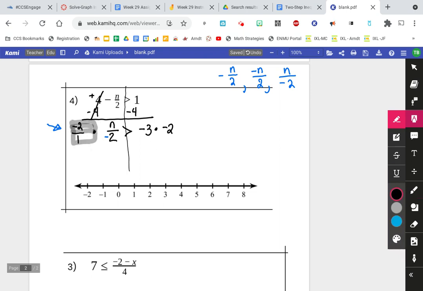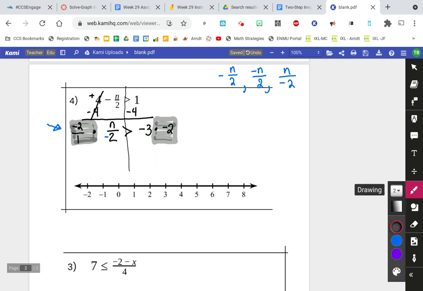Right here, I just multiplied both sides of an inequality by a negative number. Remember, our rule says when you multiply or divide both sides of an inequality by a negative number, you must reverse that inequality symbol.